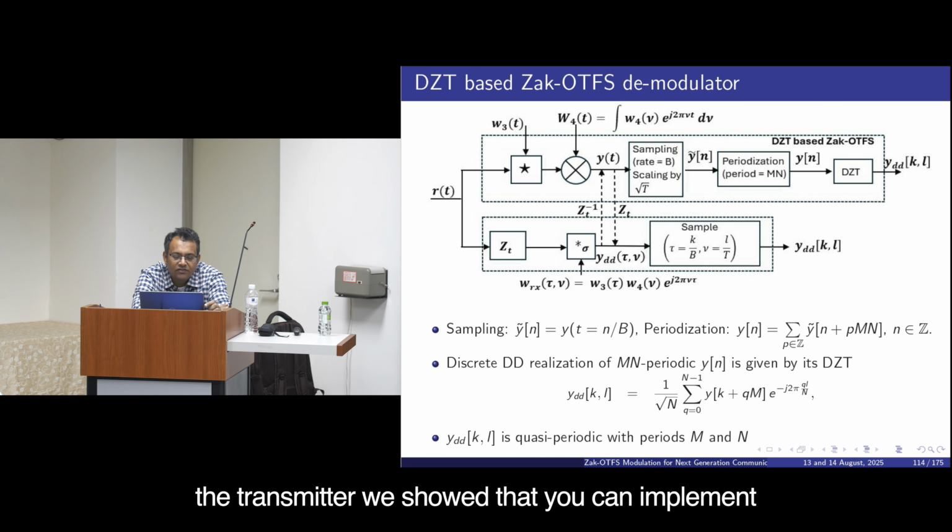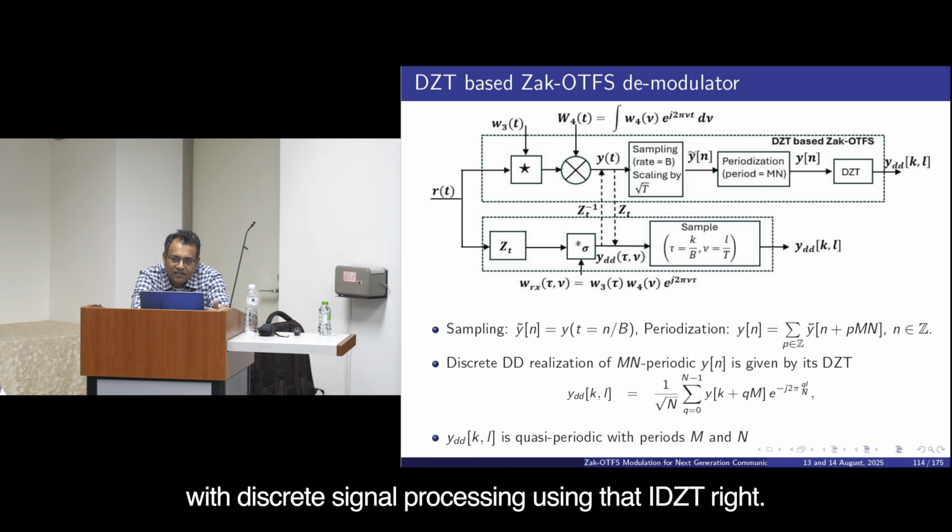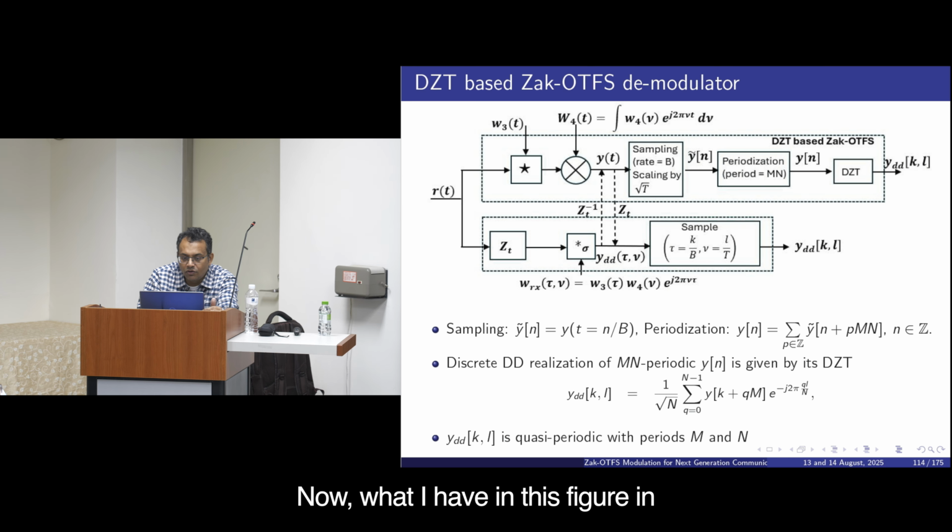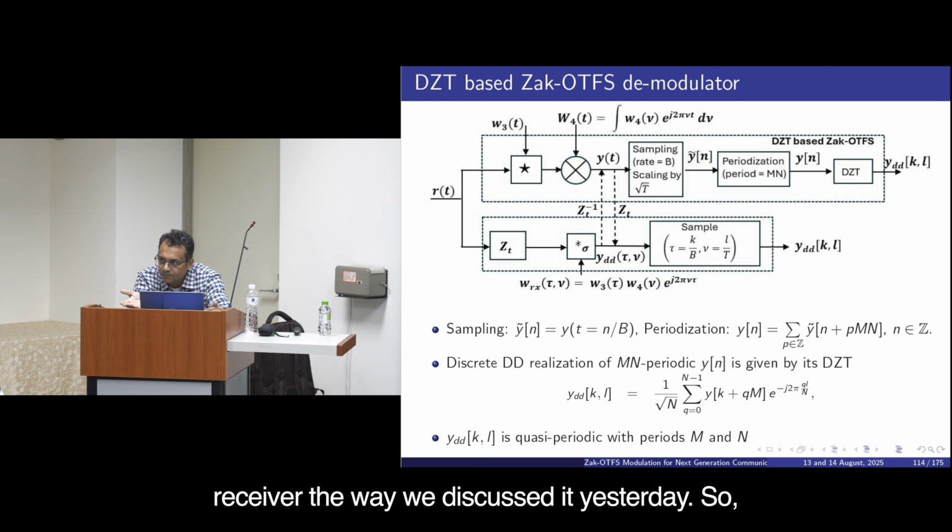Now, we come to the receiver. At the transmitter we showed that you can implement with discrete signal processing using that IDZT. Now, what I have in this figure in the bottom here is what we have discussed so far. This is your Zak OTFS receiver, the way we discussed it yesterday.